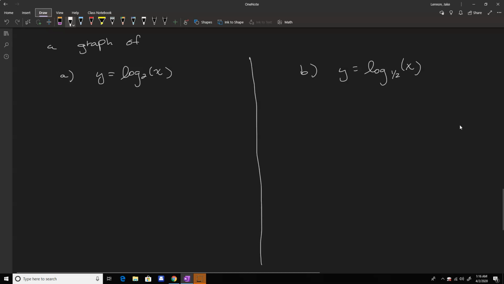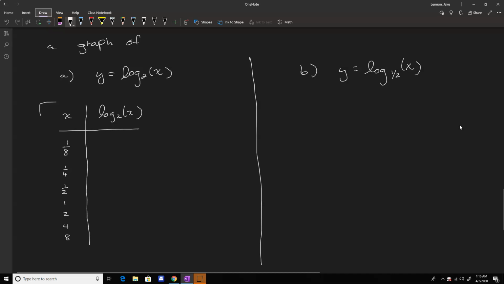So let's make a table of values here for A. So our table, maybe we have x and y, which is log base 2 of x. So we can only plug in things that are positive, and those things should be powers of 2. So let's just go ahead and say 1/8, 1/4, 1/2, 1, 2, 4, and 8. So those are all powers of 2.